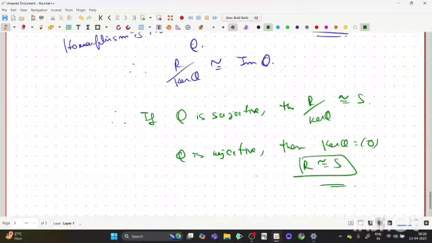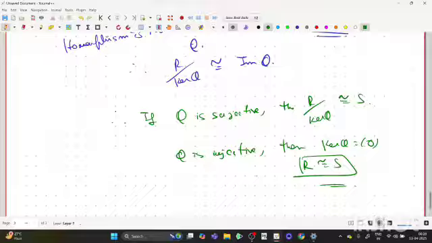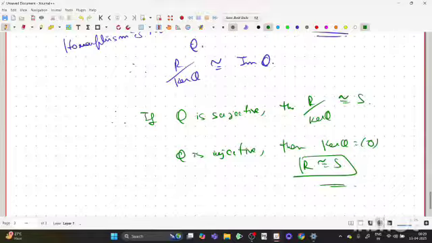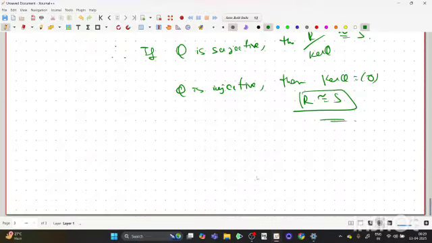This is exactly similar to the proof in group theory. Let us check now some important examples of the first isomorphism theorem.